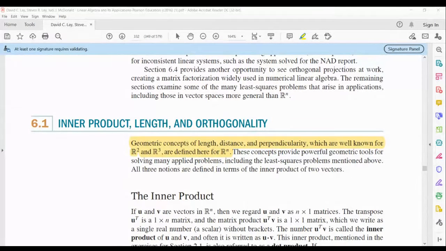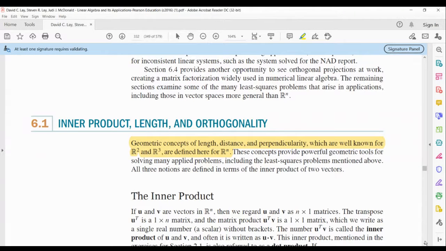You learned about perpendicular line segments in trig and in geometry, right? Well, they can be generalized for n-dimensional space, and the concepts provide powerful geometric tools for solving many applied problems.